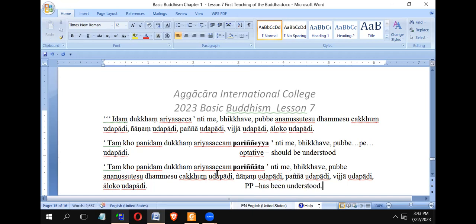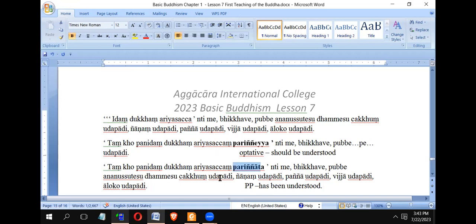This means that the Buddha tells you, this is the noble truth of suffering, dukkha. You should understand the suffering, right? And here, because it's idam, he's talking about himself, me. So this is the noble truth of suffering to him, and this noble truth of suffering should be understood by him, and he has already understood it.